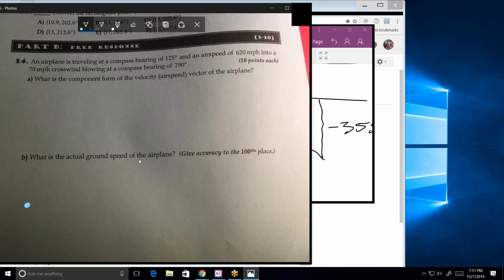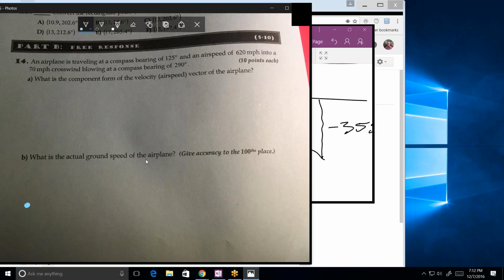I'm surprised they didn't say, what's the actual ground speed and direction? Because when you're talking vectors, they always have two components. They have a magnitude and a direction. The magnitude is their velocity, or if it's a force vector, it's the force. And the direction tells you which way the airplane's actually pointing.